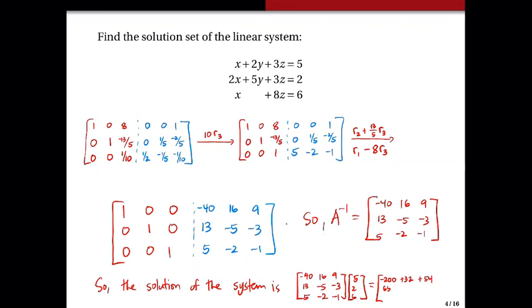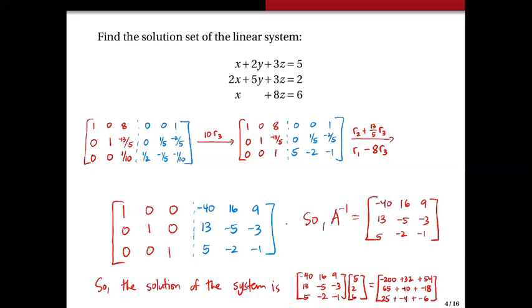So we have 65 plus negative 5 times 2, that's negative 10, plus negative 3 times 6, that's negative 18. Then for the last entry, 5 times 5, that's 25. Negative 2 times 2, that's negative 4. Negative 1 times 6, that's negative 6.